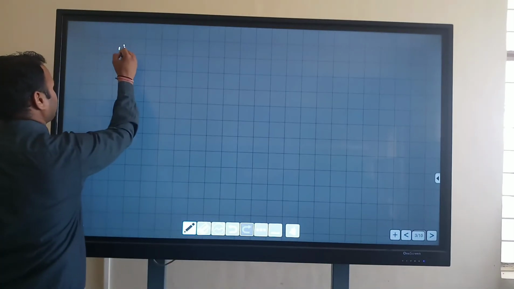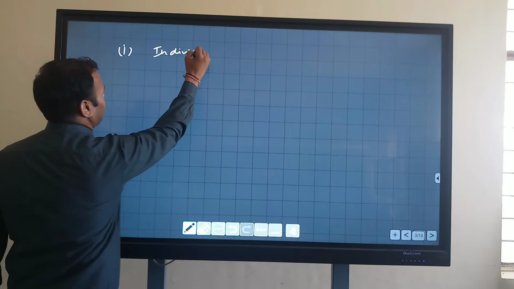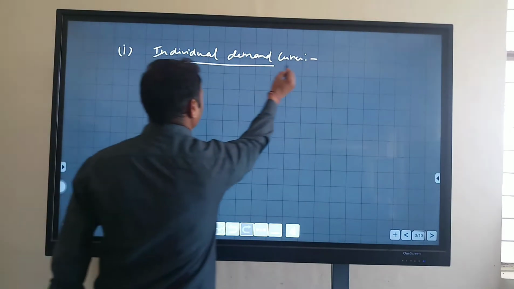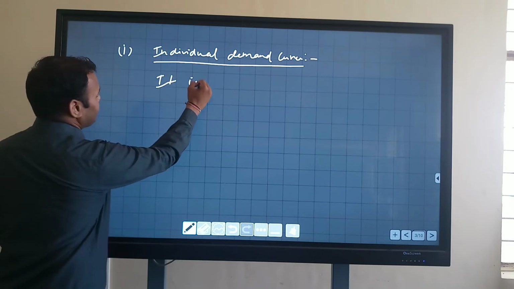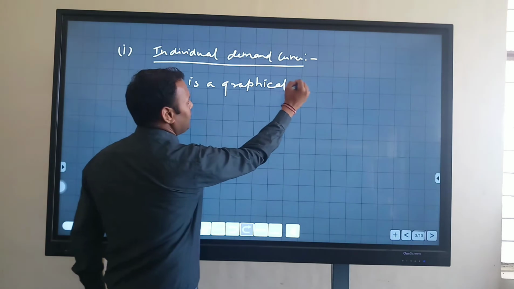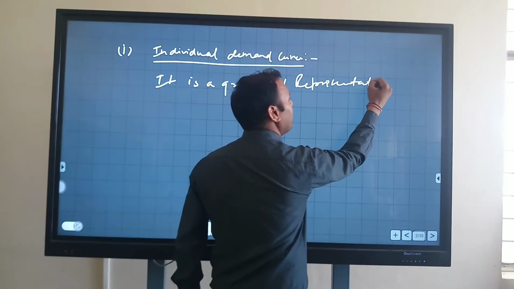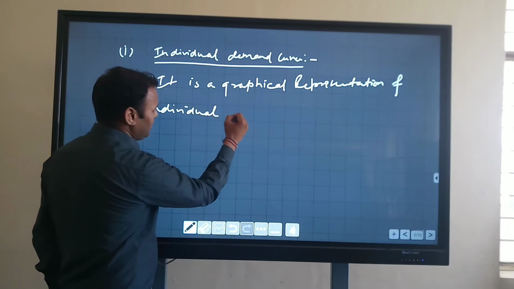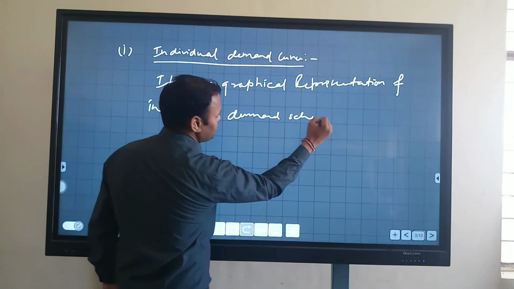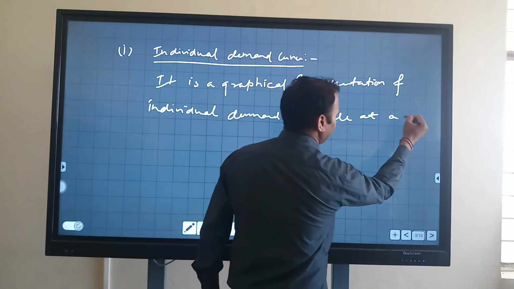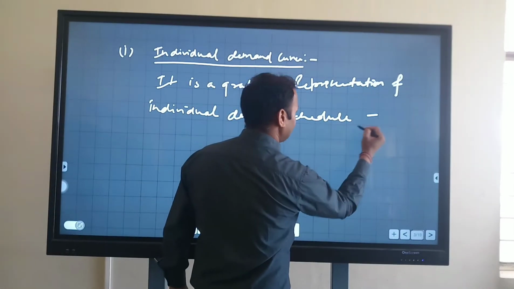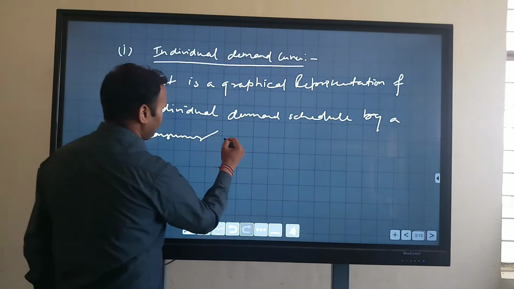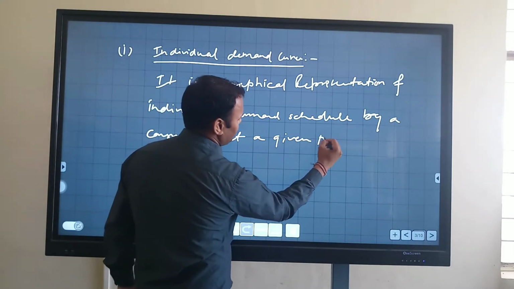What is the meaning of individual demand curve? It is a graphical representation of individual demand schedule, that is, the demand schedule of a consumer at a given price during a particular time period.